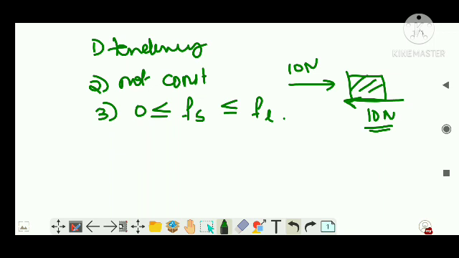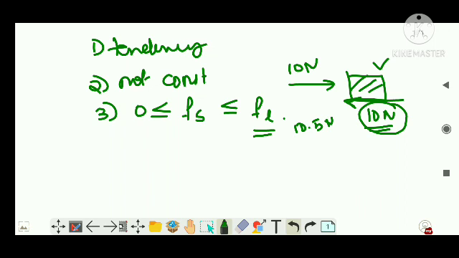If you just apply 10.5 Newton, now this block will move. Obviously it moves because the limiting friction has been crossed. So maximum static friction is known as limiting friction. After the limiting friction is crossed by the applied force, the object can easily move, right?